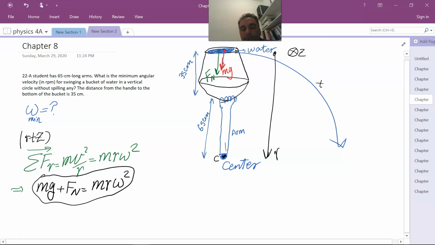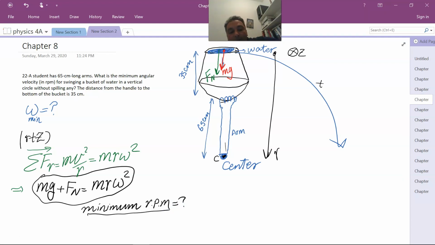Now, guys, pay attention. It says, what is the minimum RPM? Find the minimum rotation, minimum omega. Okay, pay attention here.